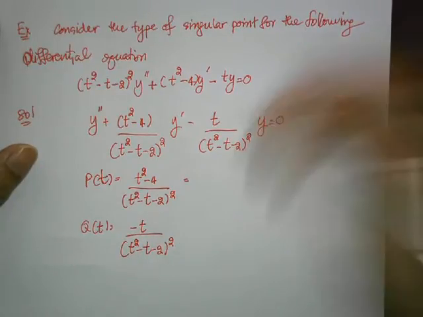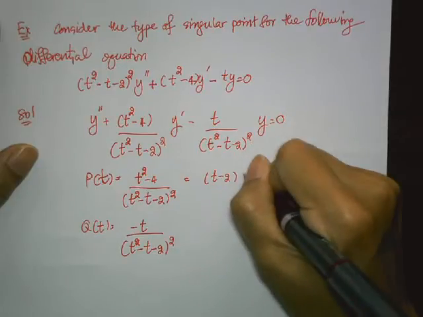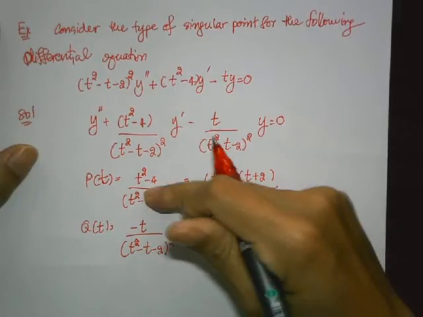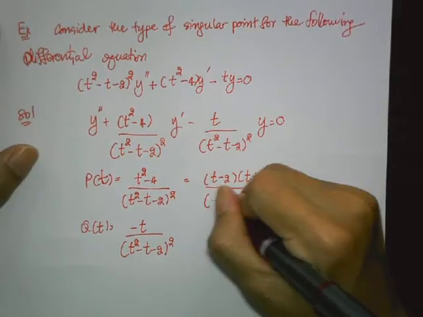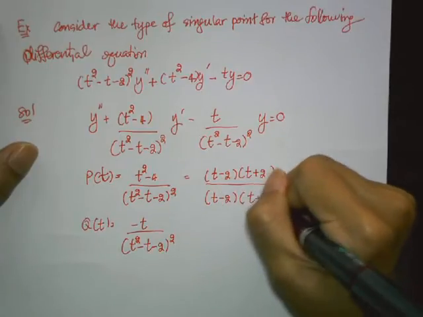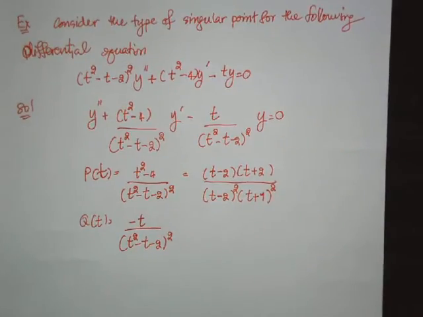Just to make it simpler, the numerator factors as t minus 2 and t plus 2, right? And down here, we have t minus 2 and t plus 1, and they are squared for both, right?